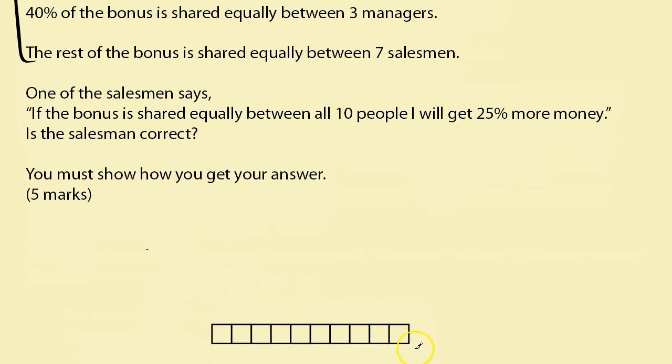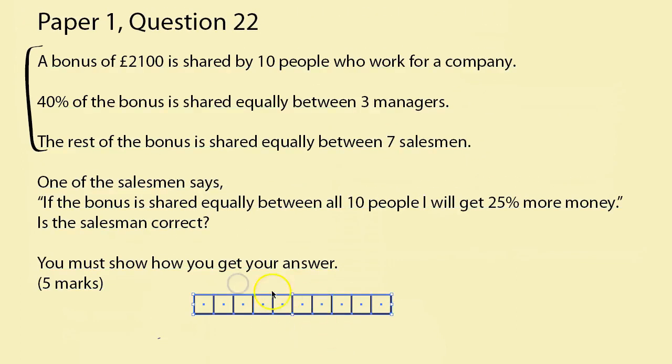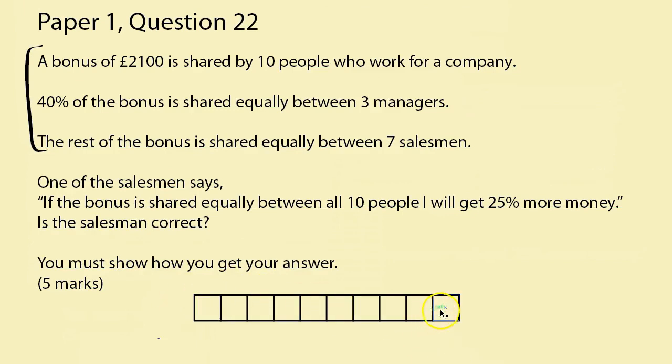So we'll think about if this was all of the money that they were going to share out, then if I look at it like this, I can say, okay, this is 2,100. That means that each one of these 10 equal boxes is 210. That's the same as saying 1/10, or the same as saying 10%.